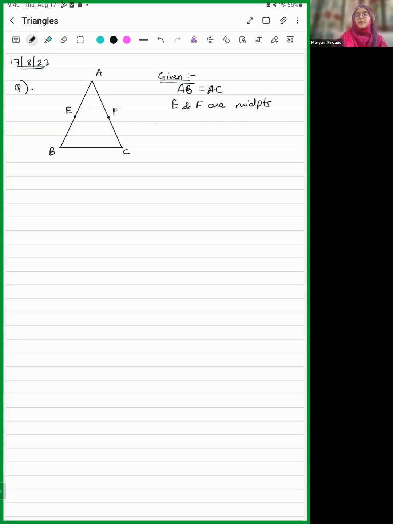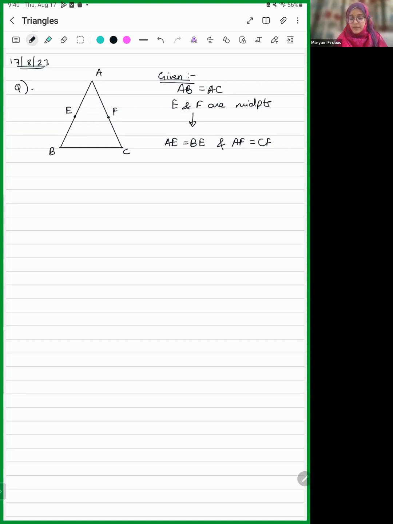So what can we say mathematically about this AB? AE is equal to BE. Very good. And what about F? AF is equal to CF, right? Acha, one more thing.